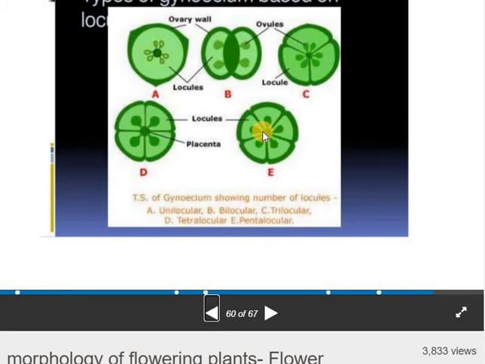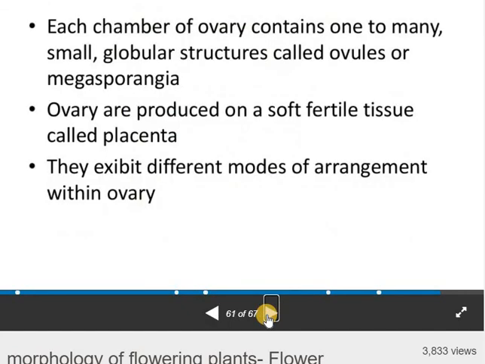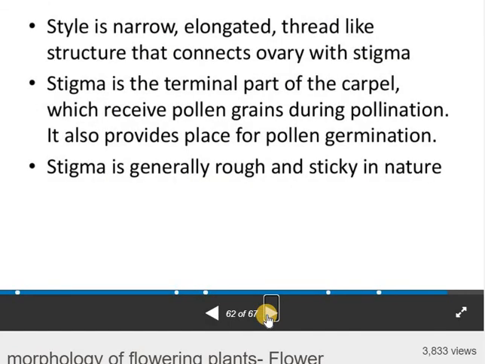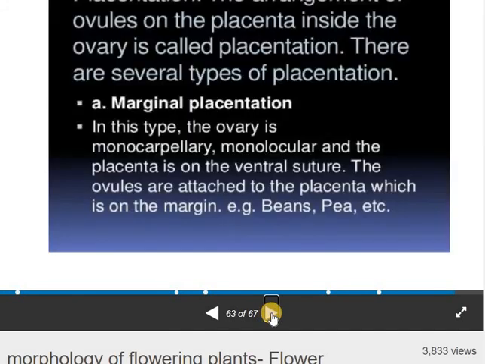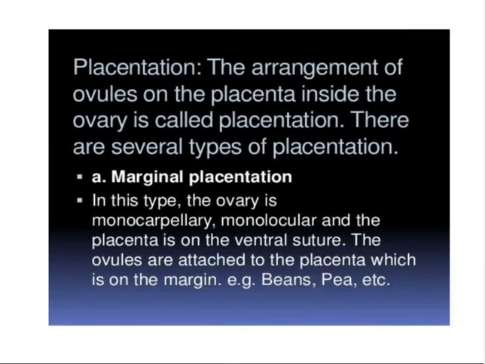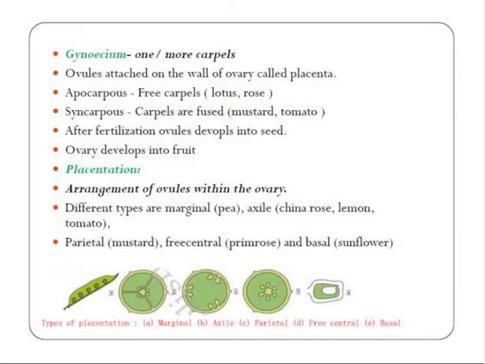The placenta can be located in the middle and it is called axial placentation. It can also be marginal. If the placenta is on the margin of the ovary wall, it is called marginal placentation. See this diagram.